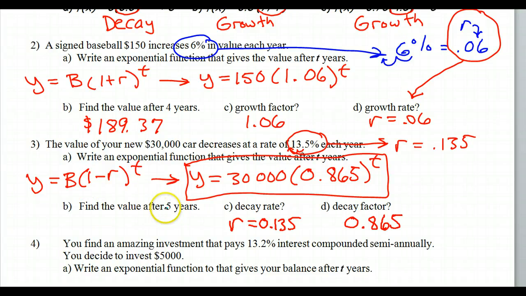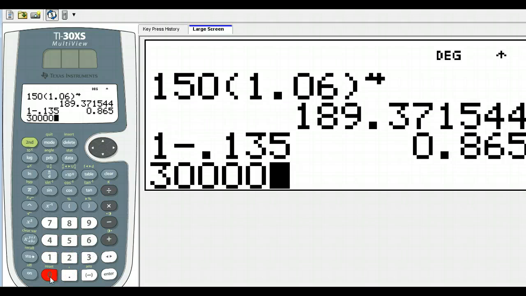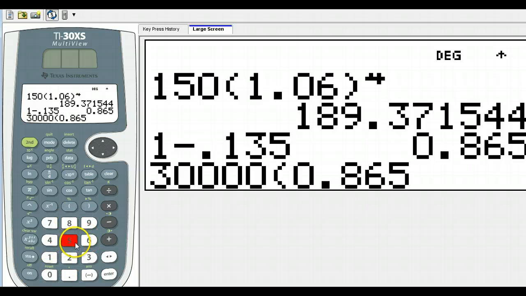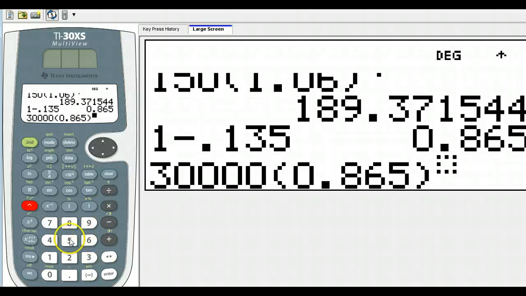Find the value after 5 years. I will just use this function and let t be 5. So that's going to be 30,000 times 0.865 to the power of, and we want to know after 5 years, so we'll let t be 5.